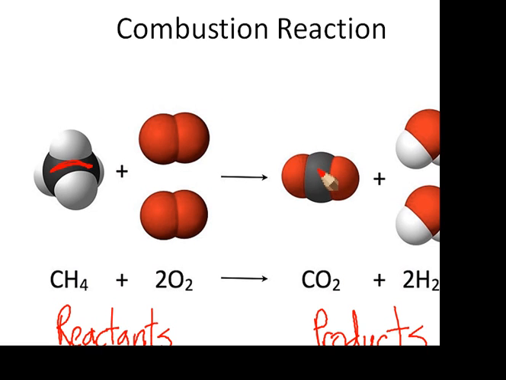So instead of the carbon atom having hydrogen atoms attached to it, it's got a couple of oxygen atoms attached to it here. So we've gone from a molecule of methane to a molecule of carbon dioxide, with water being produced too. So the carbon dioxide gas is being added to the atmosphere.